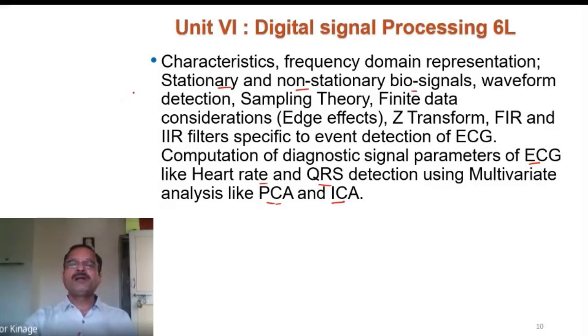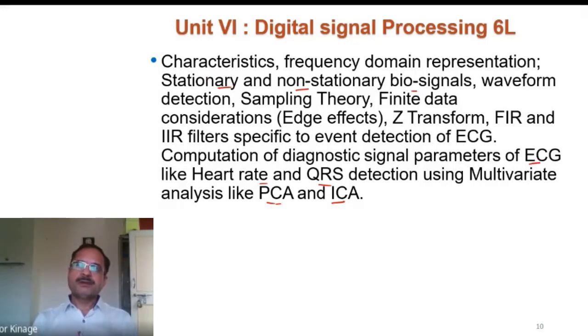The fourth unit is about the functioning of the nervous system and how nervous system signals are produced. Then unit number 5 was about analog signal processing, how to use analog signal processing concepts to process biomedical signals. Then unit number 6, DSP, that is digital signal processing.